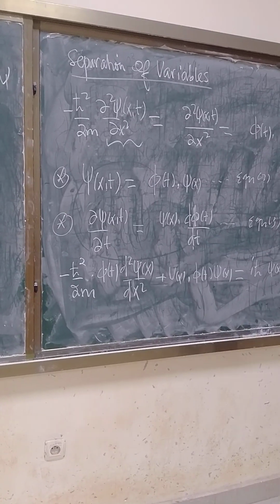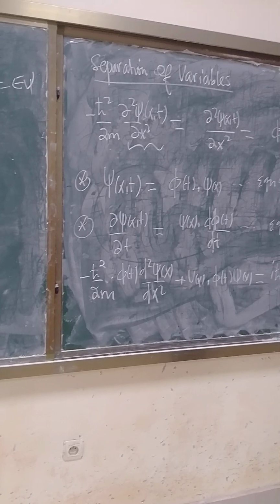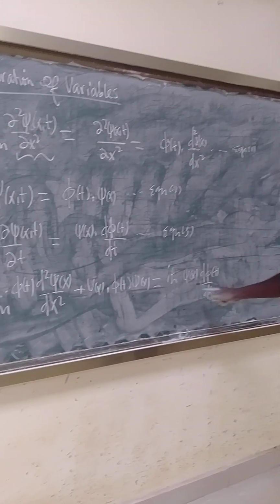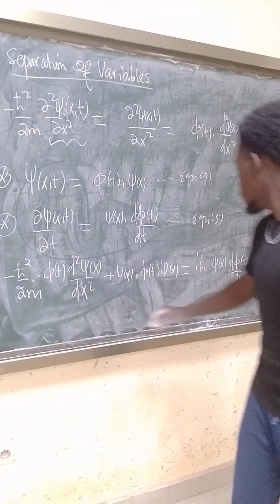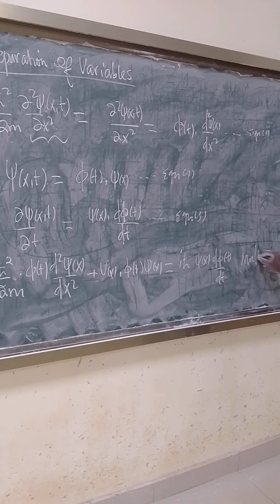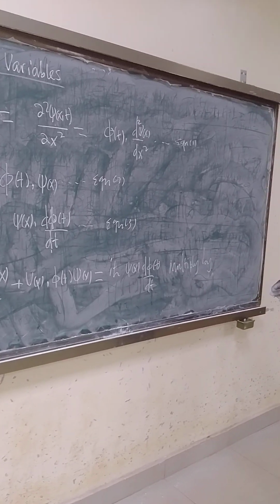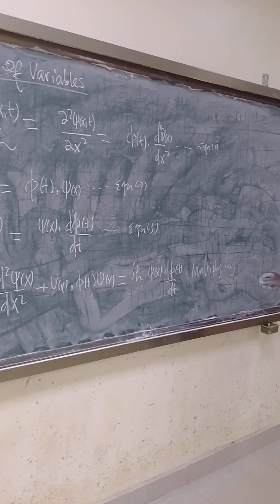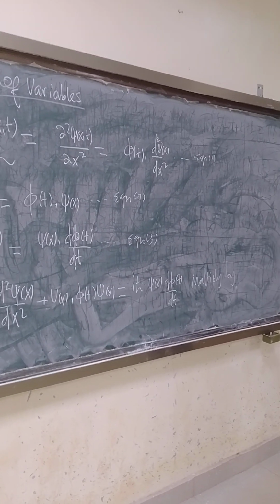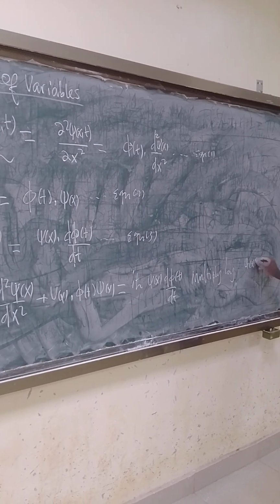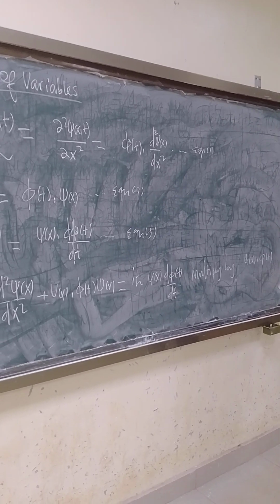Now, to simplify my function, I am going to multiply both sides by this one and this one, both sides.